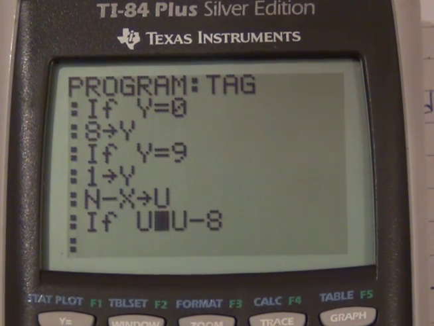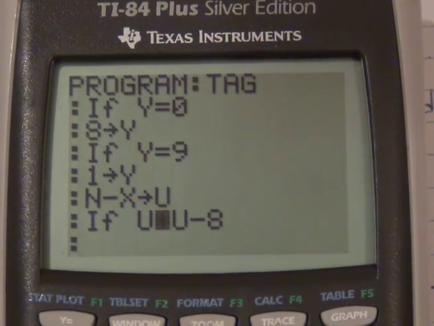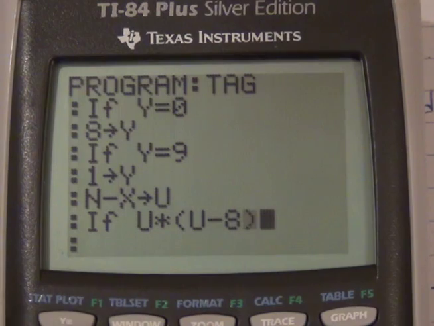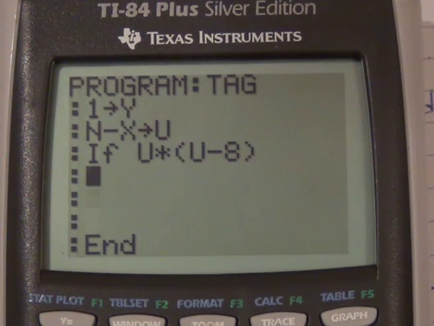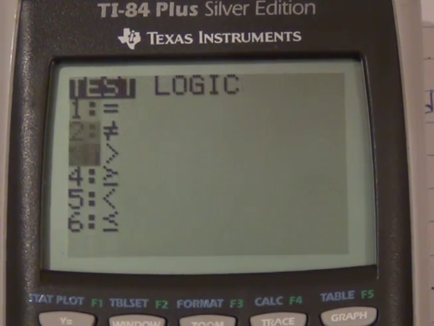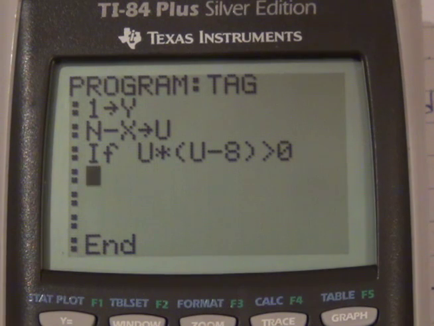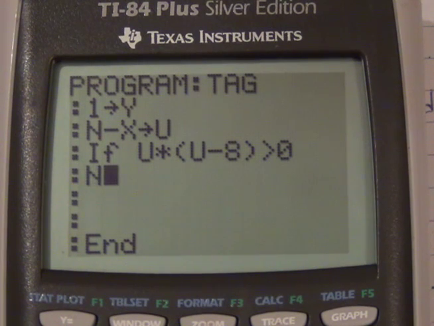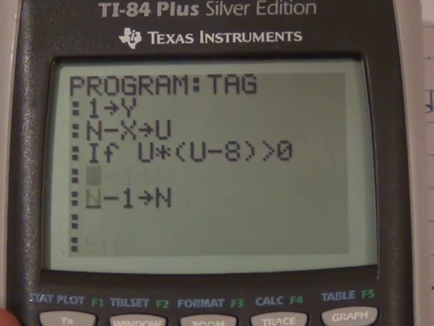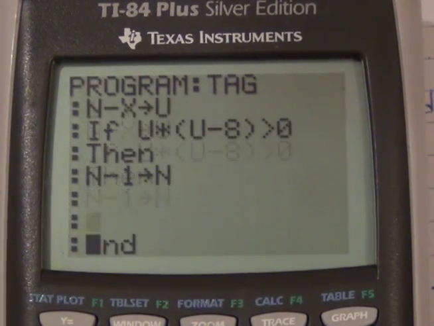or let's multiply them together. So we'll take u and we'll multiply it by u minus 8. If that's greater than 0, then I'll just guess we're going to go left. It might be the other way around. We'll see.